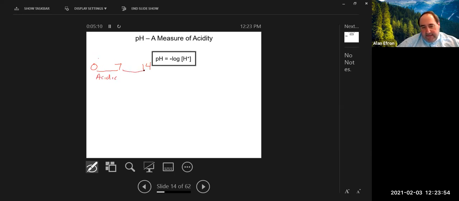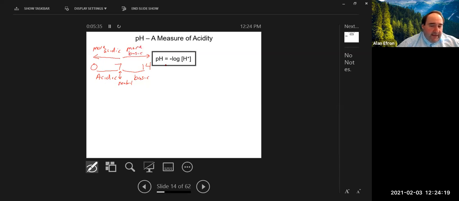Above 7, up to 14, is basic. And dead on 7 is neutral. 7 is sort of our center point. As we go from 7 towards 0, you're becoming more acidic. As you go from 7 towards 14, you're becoming more basic.